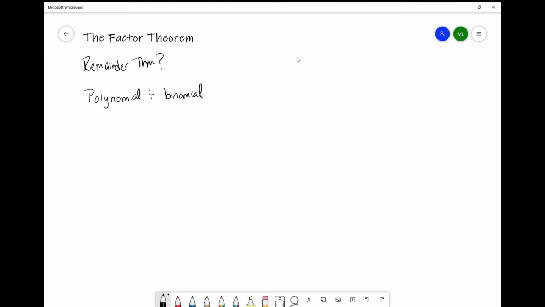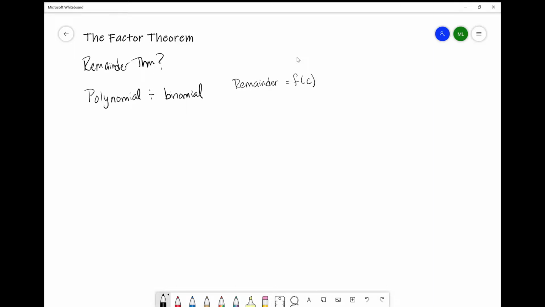A polynomial was multiple monomials, but they were specific monomials. We said that if I divided the polynomial by a binomial, their remainder is equal to f of c.